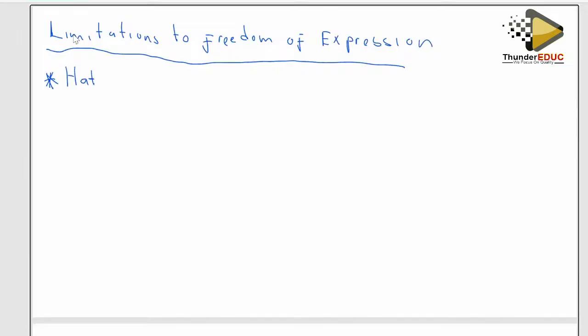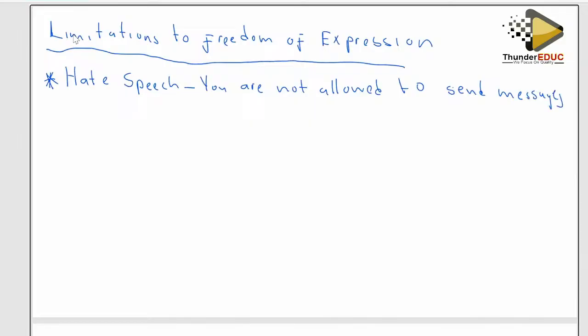So individuals are not allowed to send messages which incite violence.